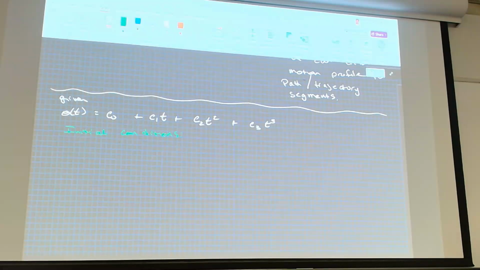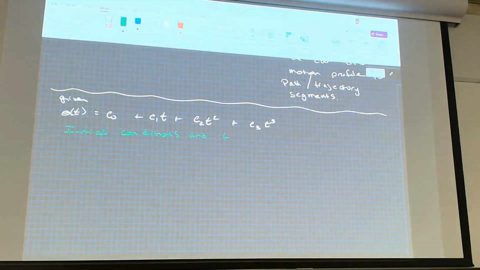We want to have final conditions, say in bold, right? So theta at t initial is going to be theta initial. Theta at t final will obviously be theta final.